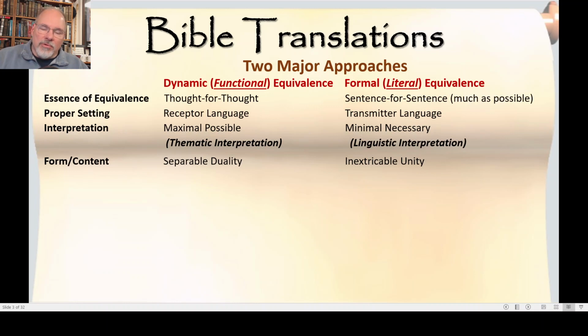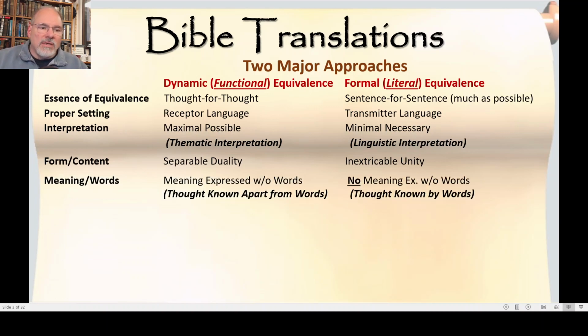Where in the literal approach, they see it as the same thing. They're using actual literal words in a sentence structure because they are trying to communicate something. That is the content. In other words, they don't try to divide the two. They see it as the same whole.